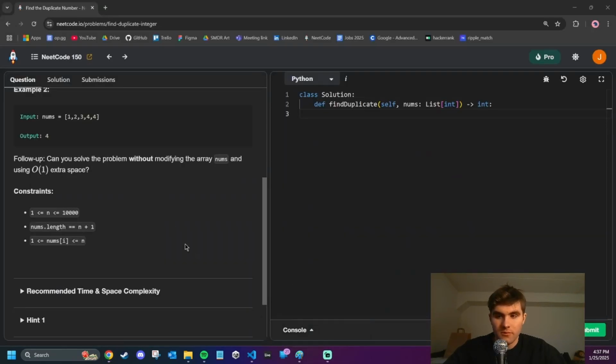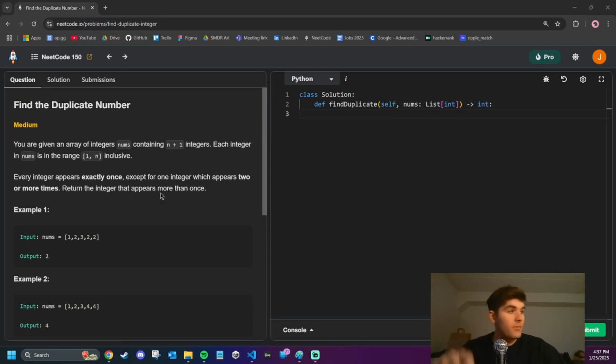So let's get started. You're given an array of integers nums containing n plus 1 integers. Each integer in nums is in the range of 1 to n. Every integer appears exactly once, except for one integer which appears 2 or more times. Return the integer that appears more than once.